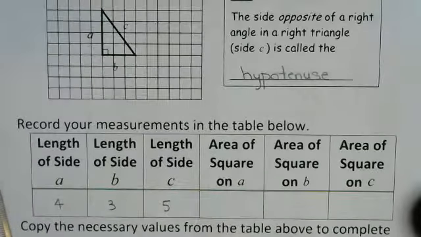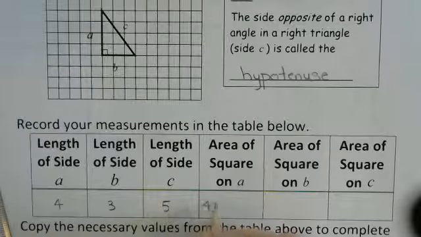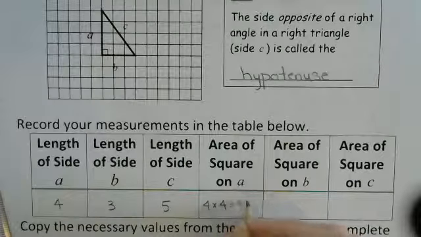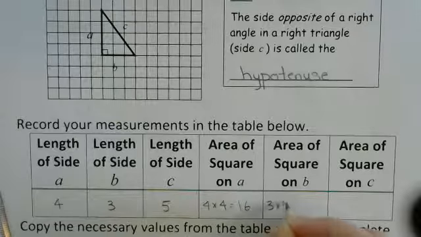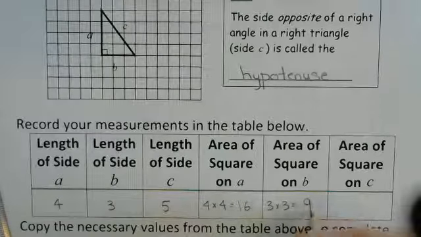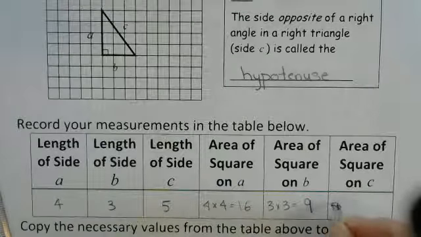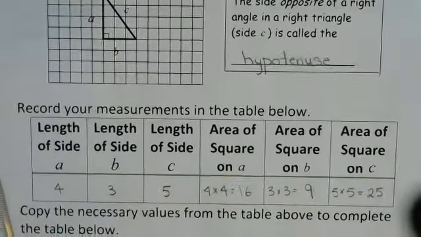So the area of the square on A is obviously A squared, which is 4 times 4. So the area of that one is 16. And the area of square B is 3 times 3. So this one is 9. Area of the square on C, 5 times 5, is 25.